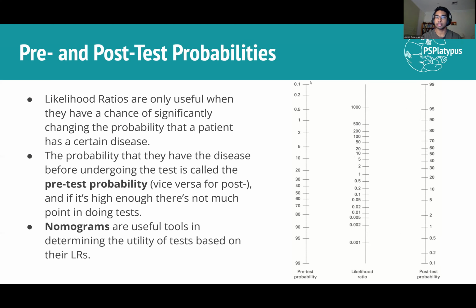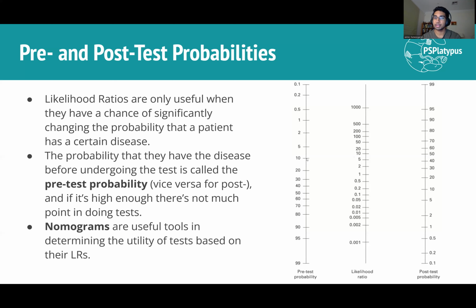And the way you use it is you just basically draw a line. So I don't know if you guys can see my mouse on the recording, hopefully. Either way, imagine we start at, let's say, a 10% chance over at the pre-test probability. And then we pick a test with a likelihood ratio of, let's say, 50, okay?